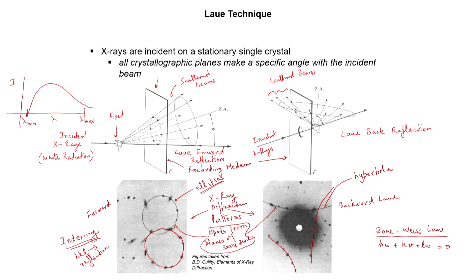So, these diffraction patterns are actually nothing but the reciprocal lattice itself. So, you can see there is a tight relationship between the reciprocal lattice and diffraction. Now, this is not all that straightforward to index typically in Laue techniques, but I just wanted to briefly indicate that such a technique exists. Now, let us go to a second technique.